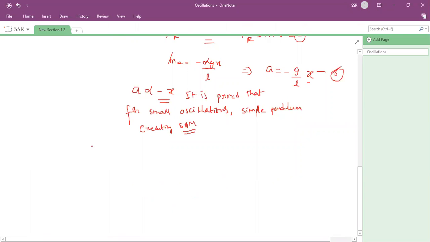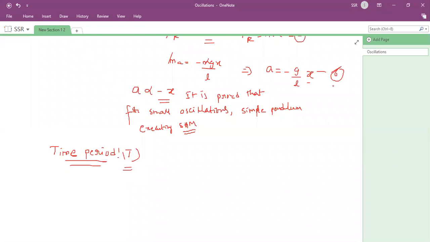Next, the time period of the simple harmonic motion. How to calculate this time period T? You can see our equation number 6: acceleration a is equal to minus g by L into x. Now we have another equation: acceleration a is equal to minus omega square x.